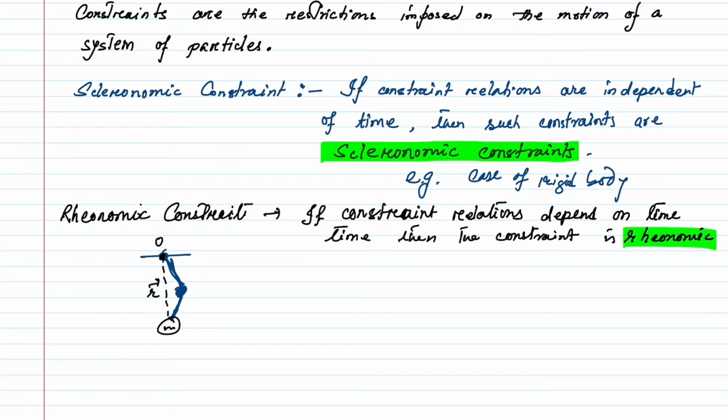This R is going to be changed with time. Okay, so this is a length, total length is suppose L. If you consider here, R is a function of time, and this is going to vary with time.